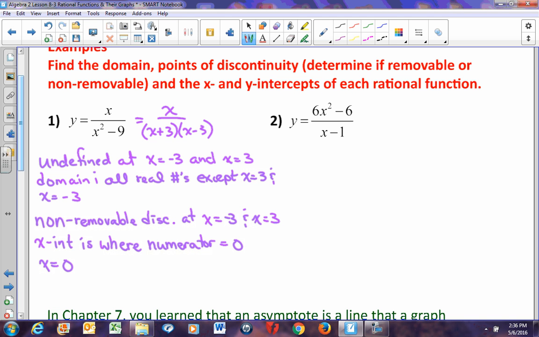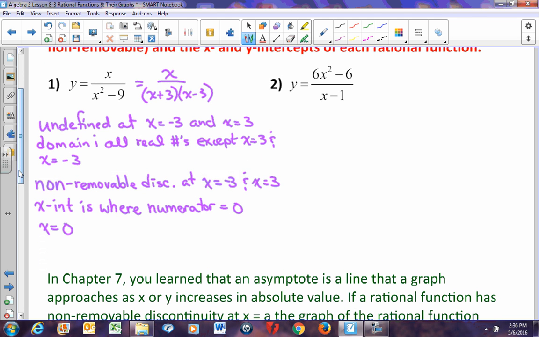To find the y-intercept, you let x equal 0 and solve it. So to find my y-intercept, I'm going to look at this equation here, and I'm going to let x equal 0, and I'm going to solve this equation. So I'm going to have y equals 0 divided by 0 minus 9, which is still 0. Okay? So my y-intercept is 0. So my x-intercept is 0, 0, and my y-intercept is 0.